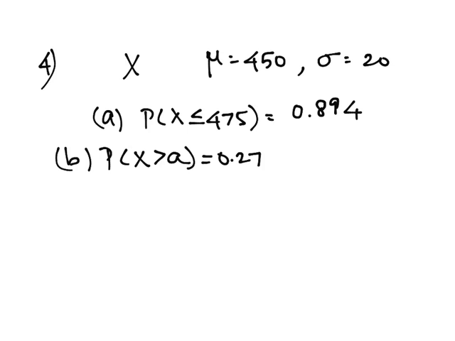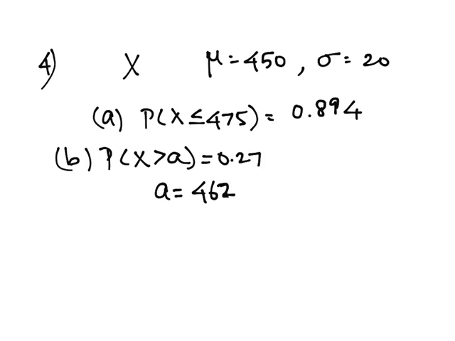So go to distribution, normal, go to inverse normal. The tail is right, the area is 0.27, sigma is 20 and mu is 450. So the answer is a equal to 462.25, so approximately 462 is the answer.